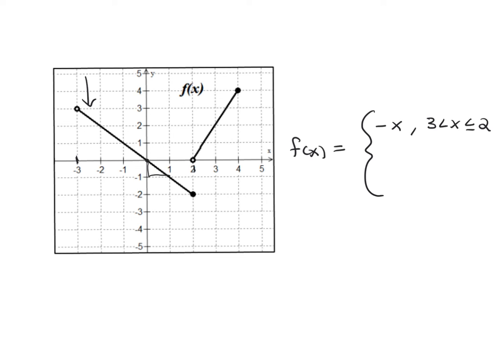Now for the other function, if I were to extend this following the same slope of up 2 over 1, I'll have a y-intercept of negative 4, slope 2, so that's 2x minus 4, but that is only for the domain from 2 to 4. And that is not including 2, but it is including 4.